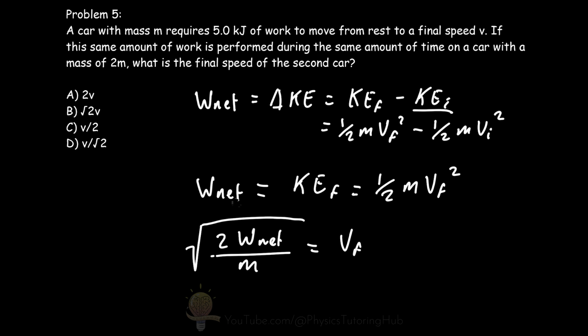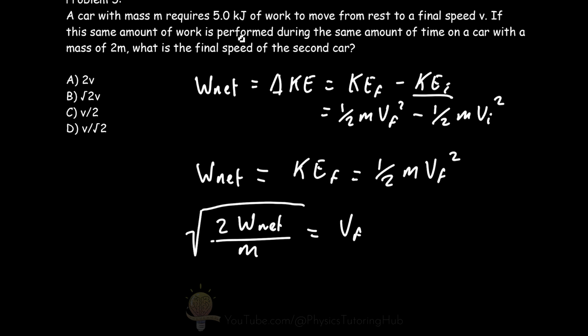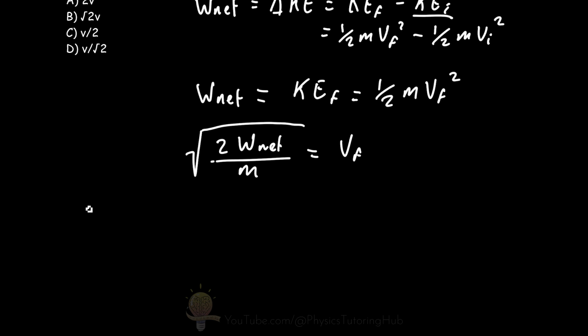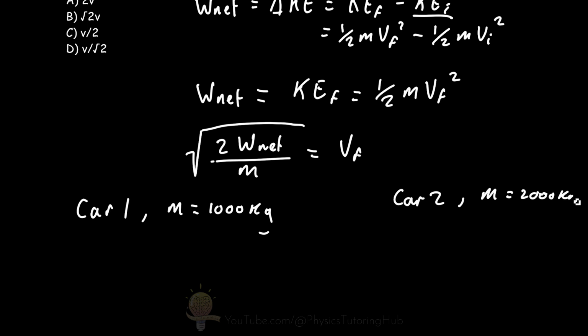Now the net work done on both cars is exactly the same, which is 5,000 joules here, 5.0 kilojoules. So we got car 1 here, which has a mass of 1,000 kilograms, we got car 2 here, which has a mass of 2,000 kilograms. We already know that the net work done is the same on both cars.